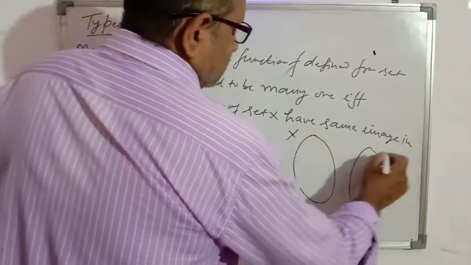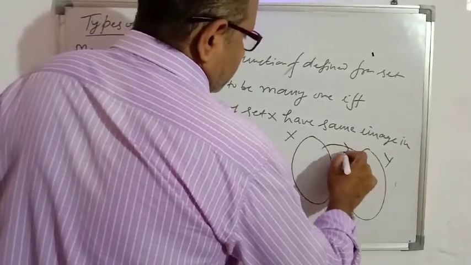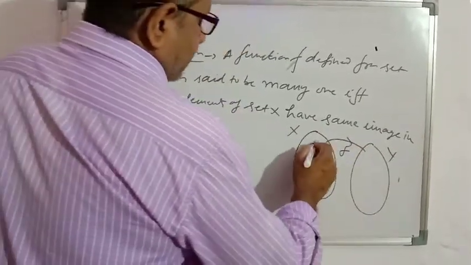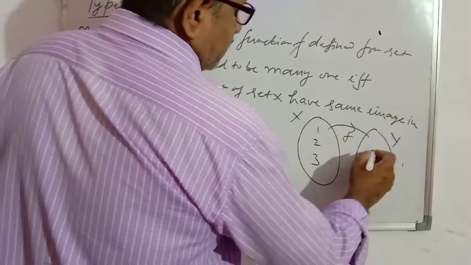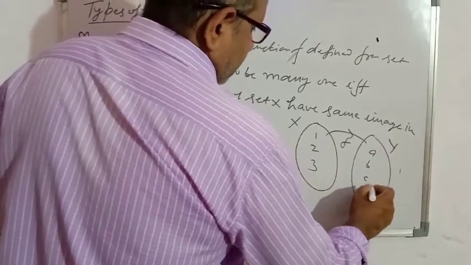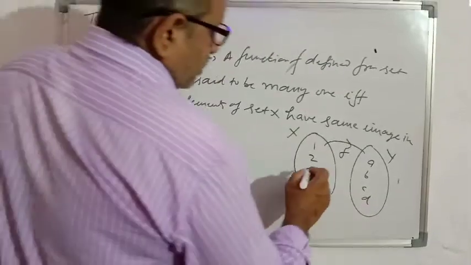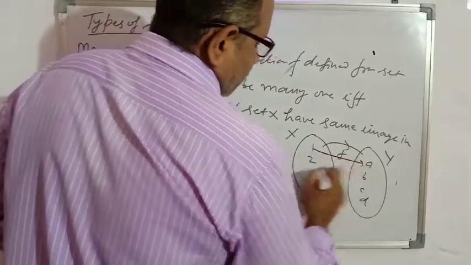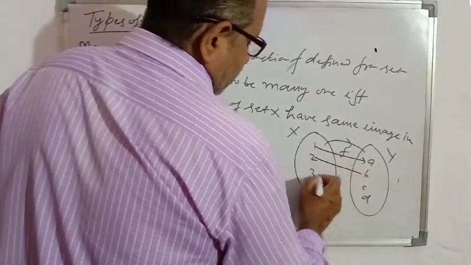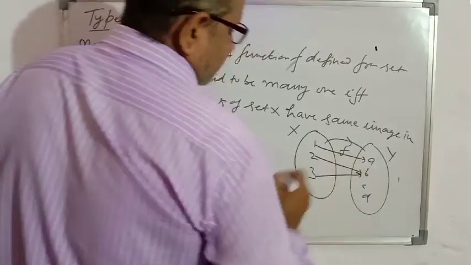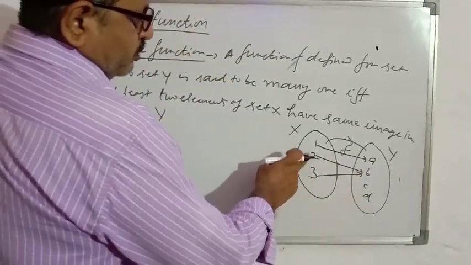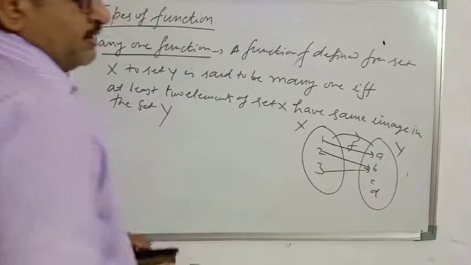Suppose this is the set X, Y, and a function is defined from X to Y. Take the elements 1, 2, 3 and a, b, c, d. 1 is connected to a, but 2 and 3 both are connected to b. Two elements 2 and 3 have the same image b.